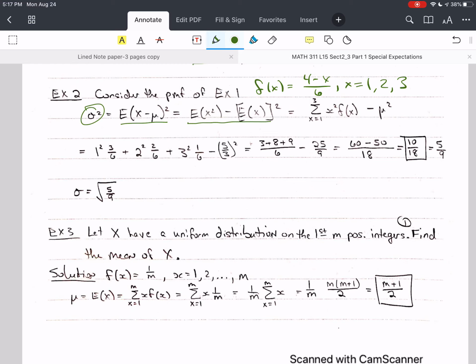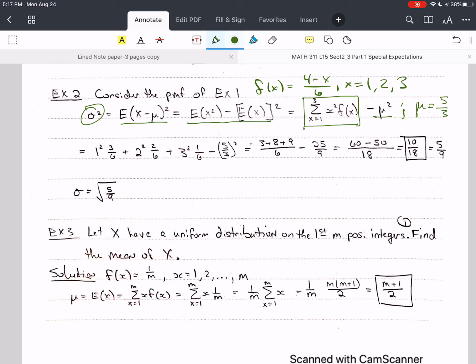And we know that it's going to be mu for E of x, so mu squared here. And then we have our summation that we have to work out. And we figured out that mu was 5/3, right? Yeah, so 5/3.